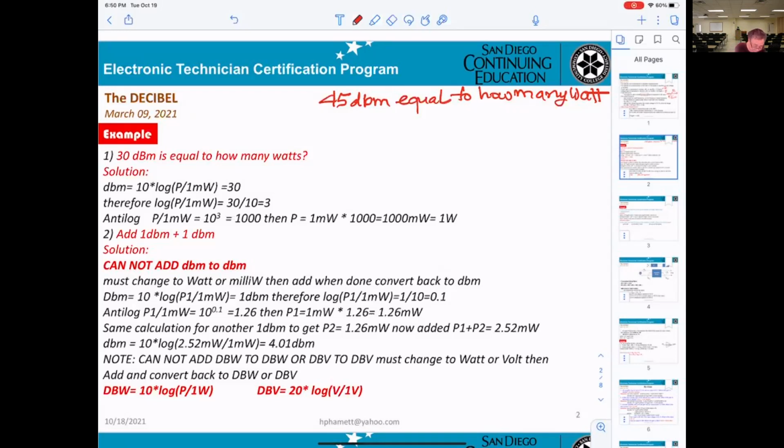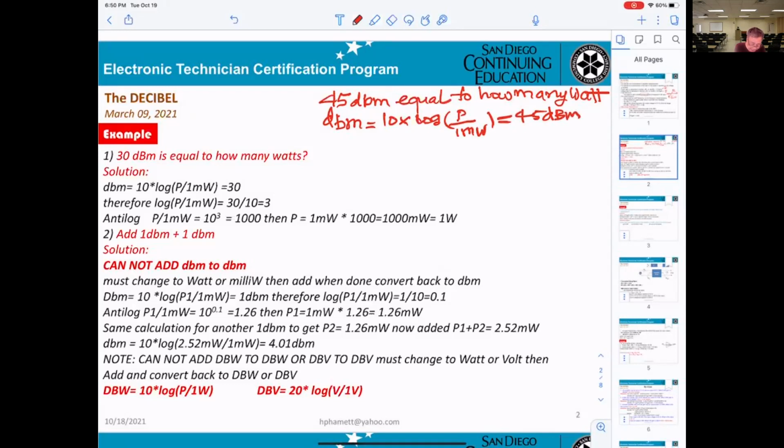So using the formula, dBm equals 10 times log of P over 1 milliwatt, equals 45 dBm.